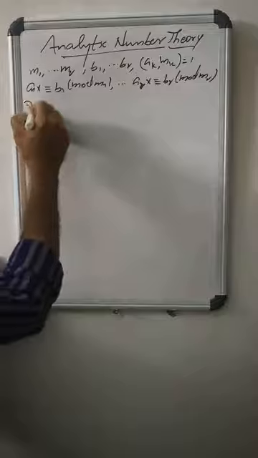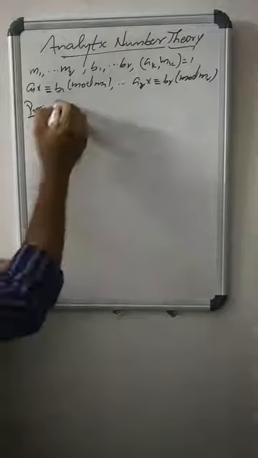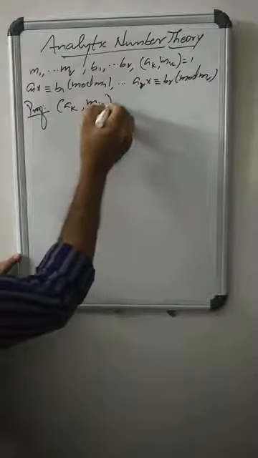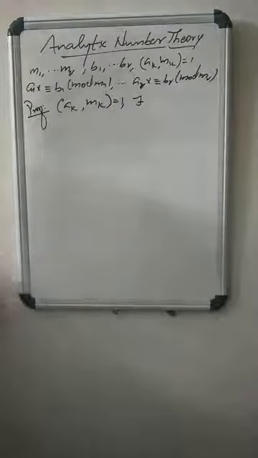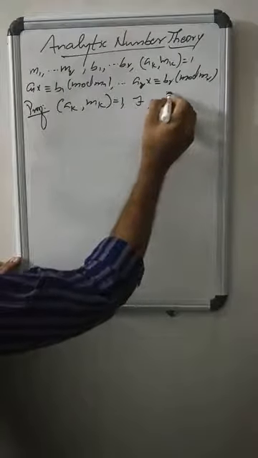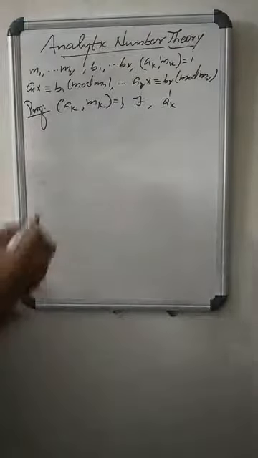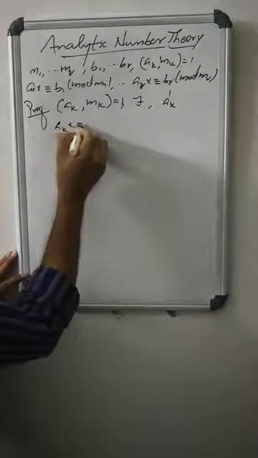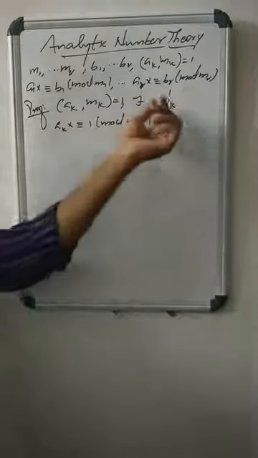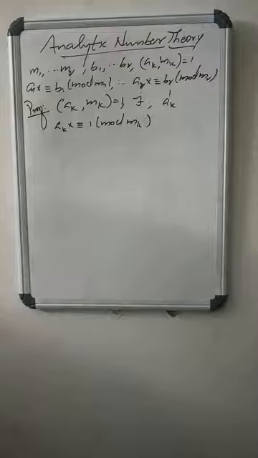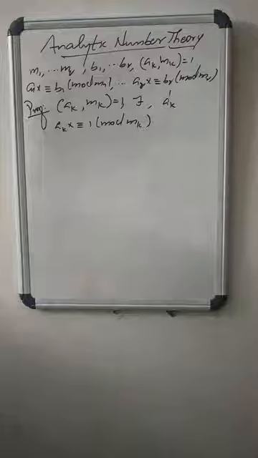So the theorem heavily depends upon the Chinese remainder theorem. Its proof is: since ak and mk are relatively prime, there exists a unique solution ak', which is called the reciprocal of ak, for the congruence ak x ≡ 1 mod mk.